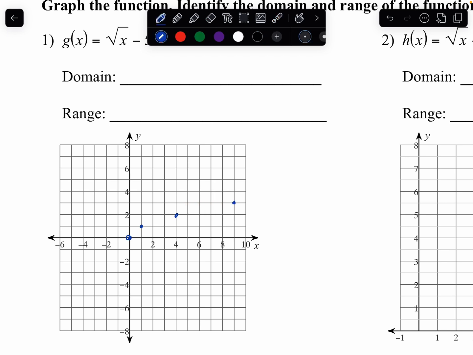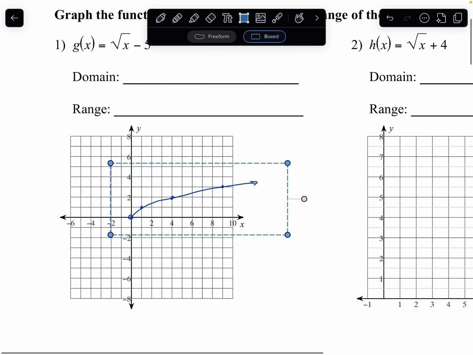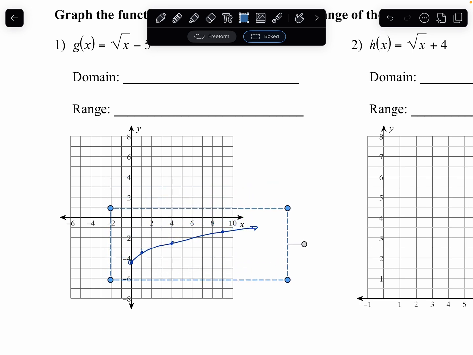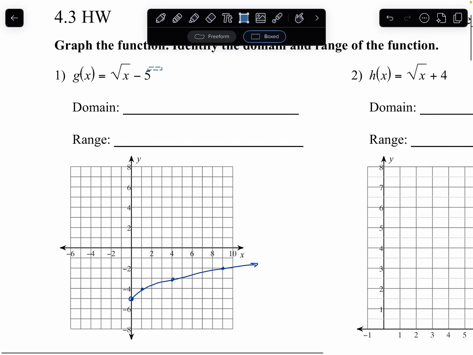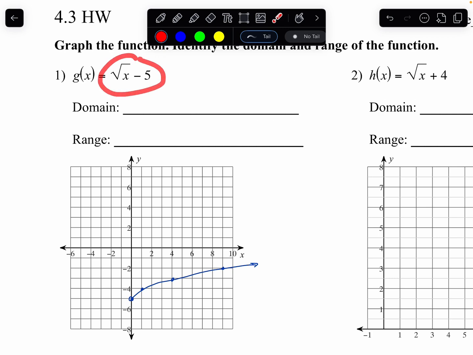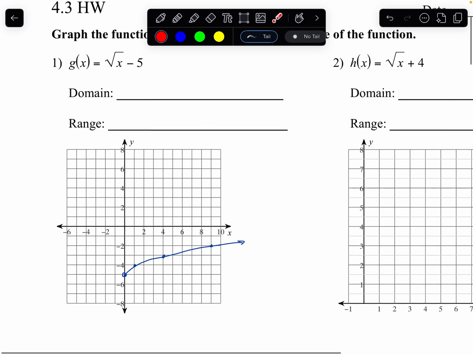So this is the parent function of the square root function. And we have a transformation that's going to be down 5 units. If you graph this same function but move it down 5 units, that's what this function will be, right there.